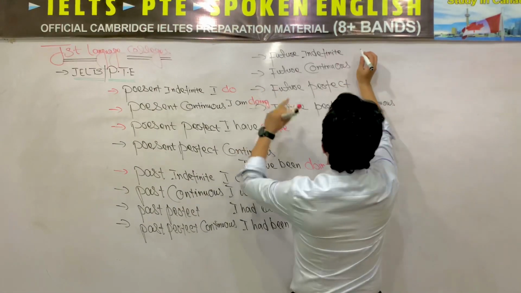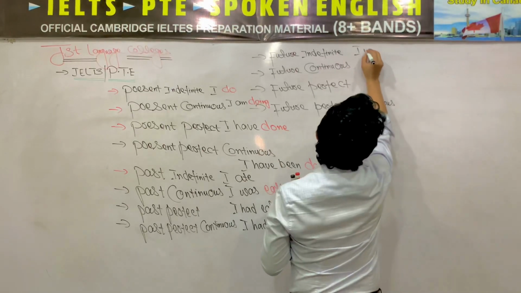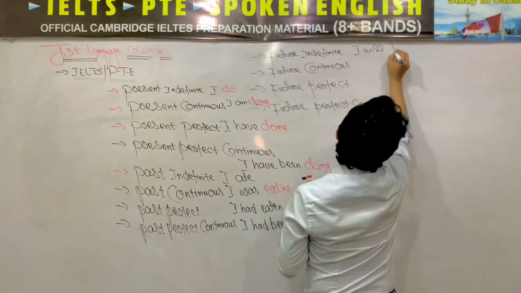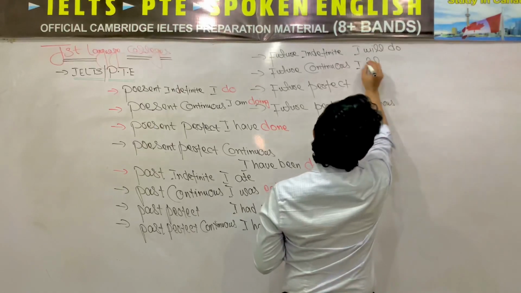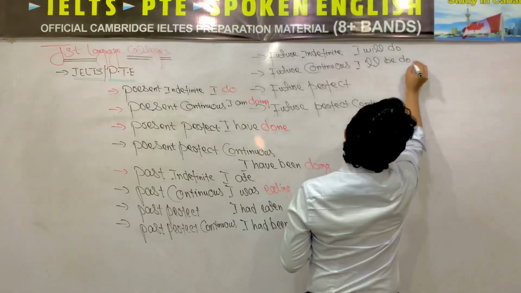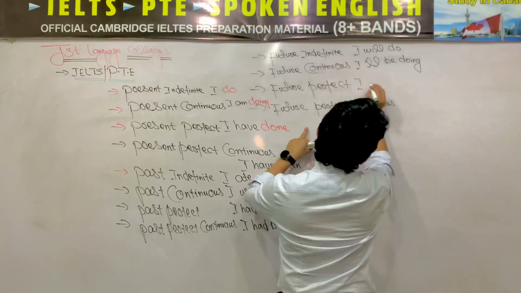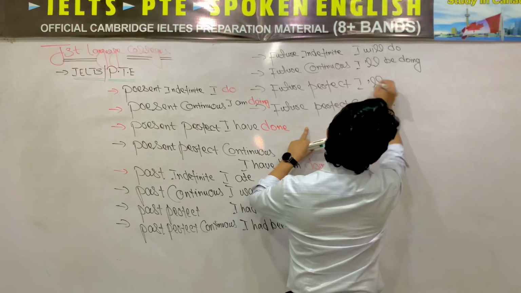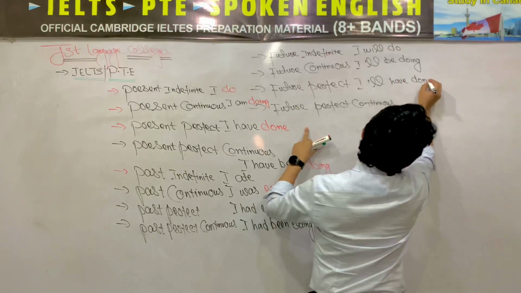Now we will talk about the future indefinite: I will do. Continuous: I shall be doing, I will be doing. Perfect: I shall have, I'll have done, with the past participle.